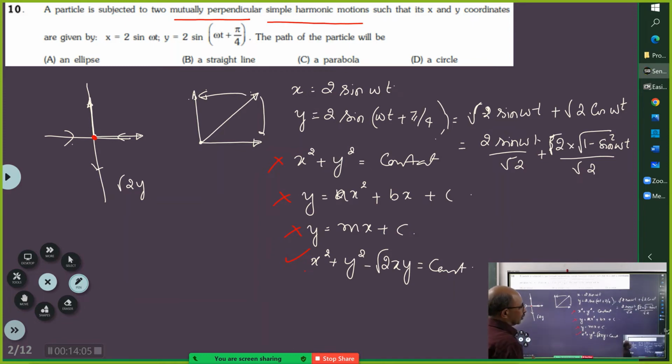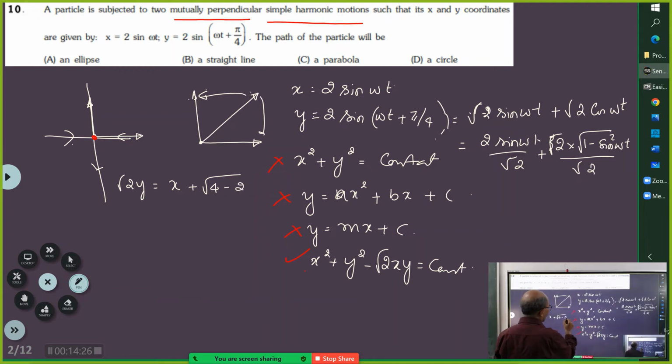Then that 2 sin omega t we can write as x. That 2 which is there in the numerator for the second term we can take inside the root, and then we can write it as 4 minus 2 sin omega t whole square.